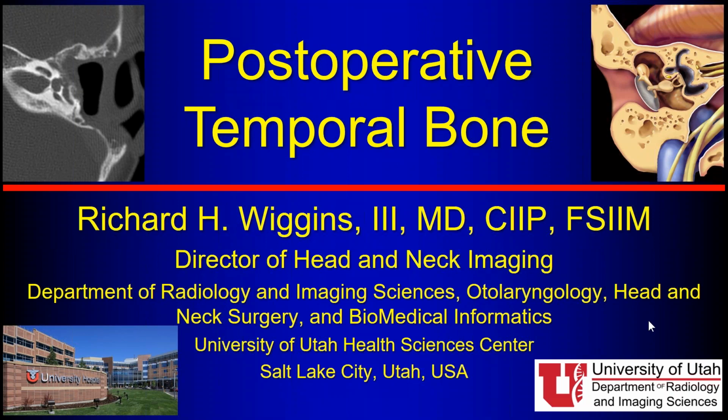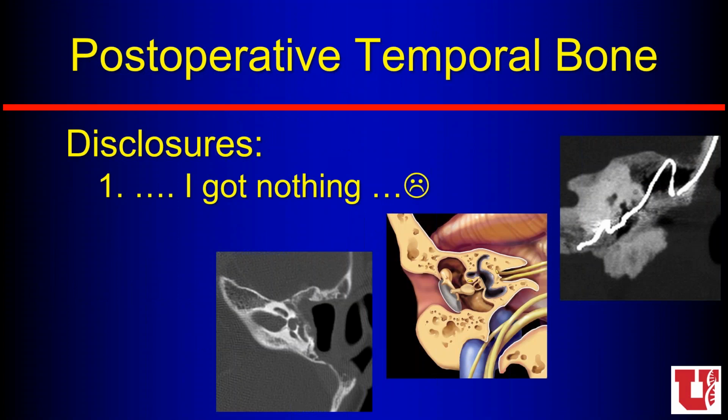Hello, everyone. So today we're going to talk about post-operative temporal bone, a very complicated area, just like post-operative neck and cervical soft tissues. I have nothing significant to disclose. I don't own temporal bones or operations.